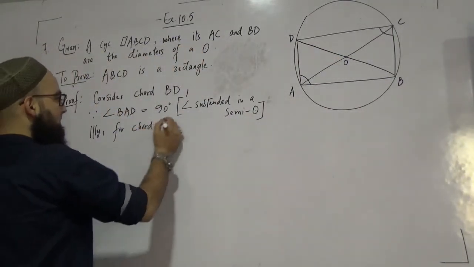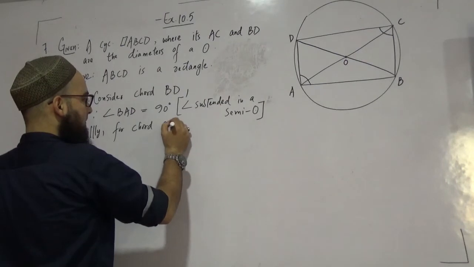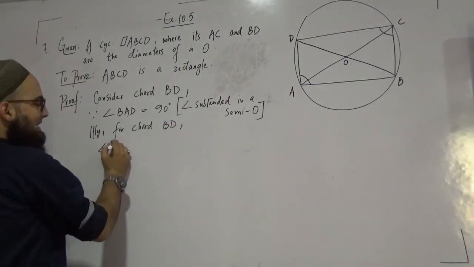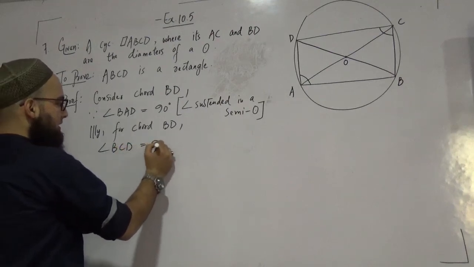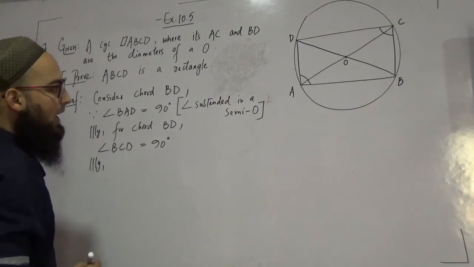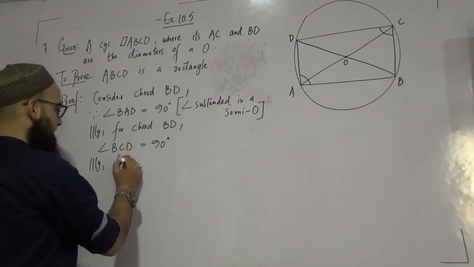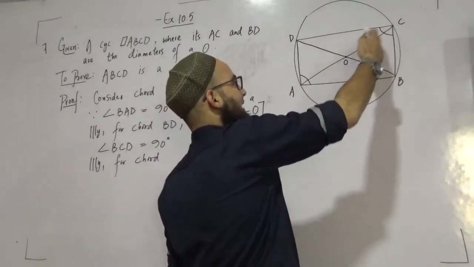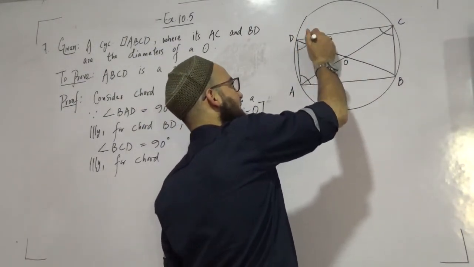For chord BD, angle BCD is equal to 90 degrees. Similarly, for chord AC, angle subtended in a semicircle, this angle is also 90 degrees.